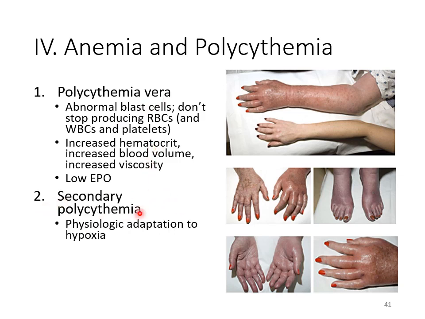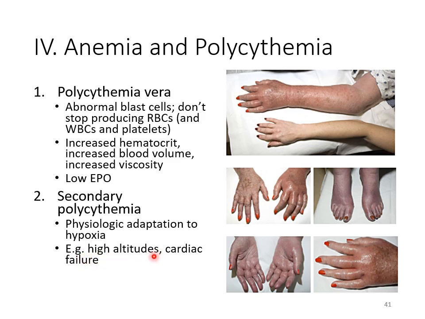And you can also have secondary polycythemia. Secondary polycythemia is now more physiologic. This is polycythemia. You are producing more red blood cells because of a physiologic need. It's a physiologic adaptation to hypoxia. For example, if you live in very high altitudes, so again, in high altitudes, the amount of oxygen in the air is much lower.